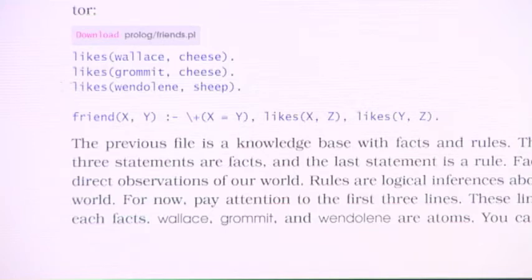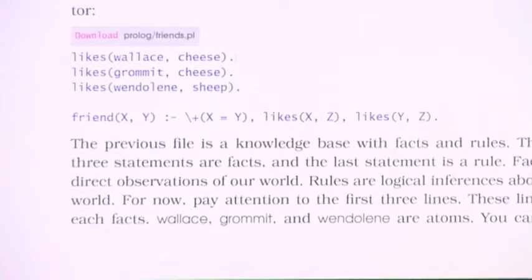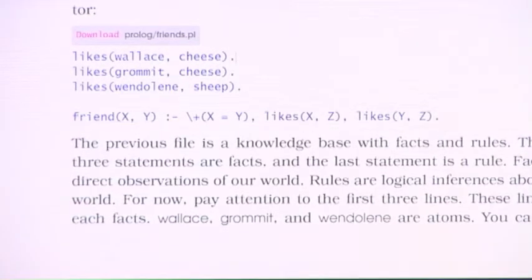Anyway, these first ones are facts. They're defined by just the predicate, the values, and then a period at the end saying that the statement is over. This down here is a rule. Friend is a rule. Basically what this is saying is that a friend is defined between X and Y, which are variables. Those will be assigned values to make the statement come true.